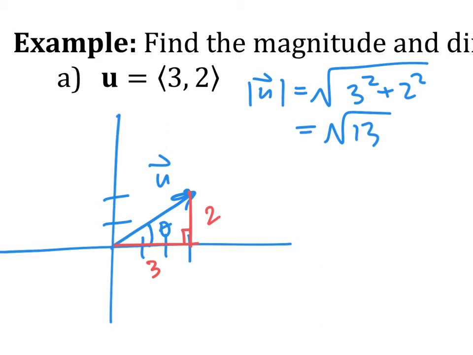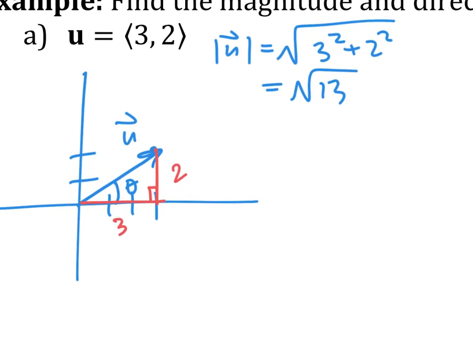So then the question is, what is theta? Well, you can see that if we just use these two side lengths, we can find this theta. We just have to figure out which trig ratio these two sides make.